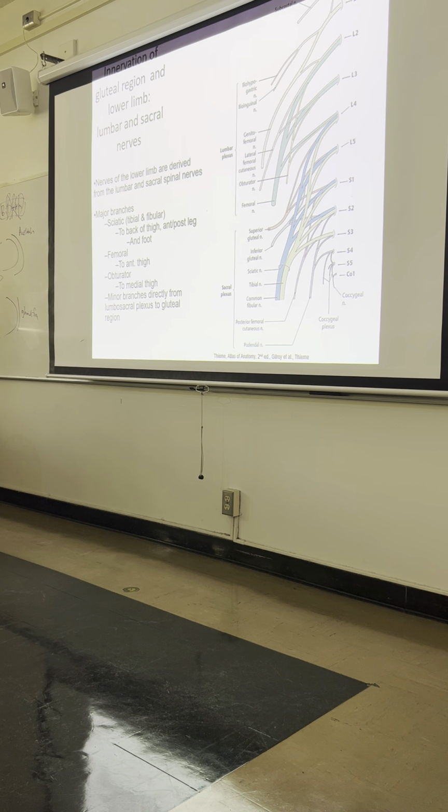The lumbosacral plexus, we're going to be exploring this a lot over the next few weeks. I'm introducing it now because this is the plexus that's innervating the muscles we've just been talking about. In particular, this week, we're going to try to identify the obturator nerve, or at least think about it, because it's going through the obturator foramen.